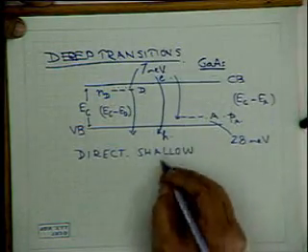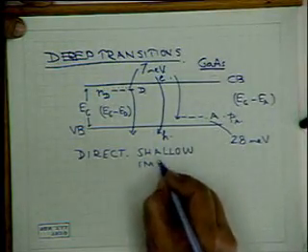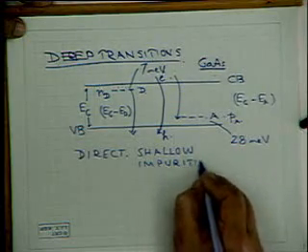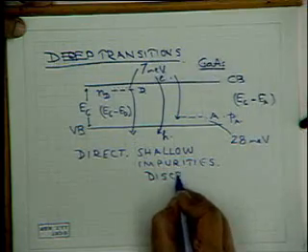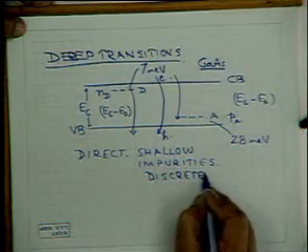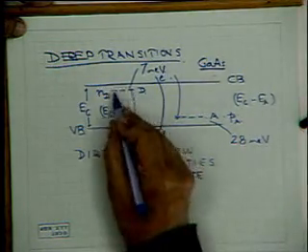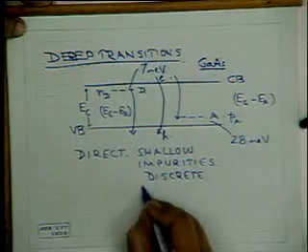Suppose we have shallow impurities. Discrete. That means the concentration is not so high that the wave functions overlap.